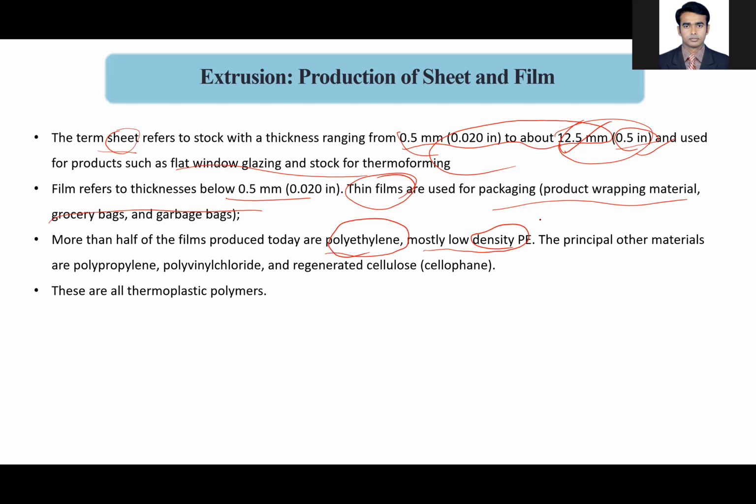There are two types of polyethylene: high density polyethylene, HDPE, and low density polyethylene, LDPE. Mostly low density polyethylene is used because it has low viscosity and more flexibility compared to high density polyethylene. The principal other materials are polypropylene, polyvinyl chloride, PVC, and regenerated cellulose, that is cellophane.